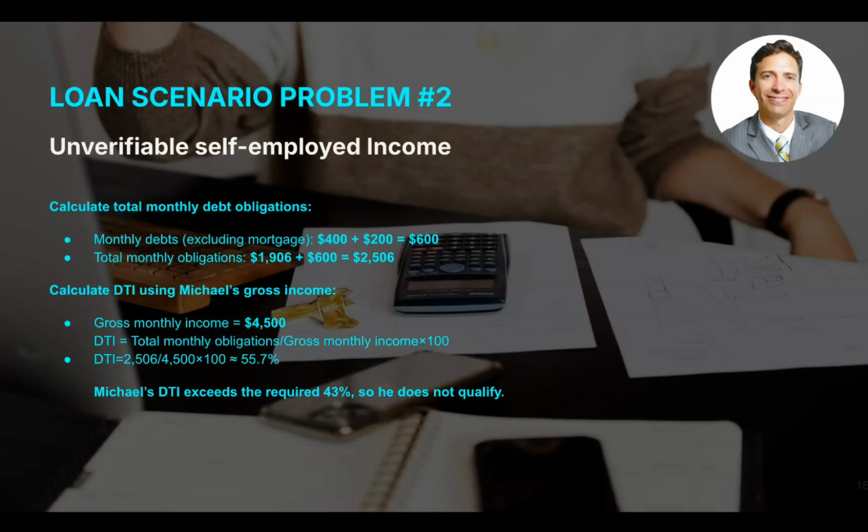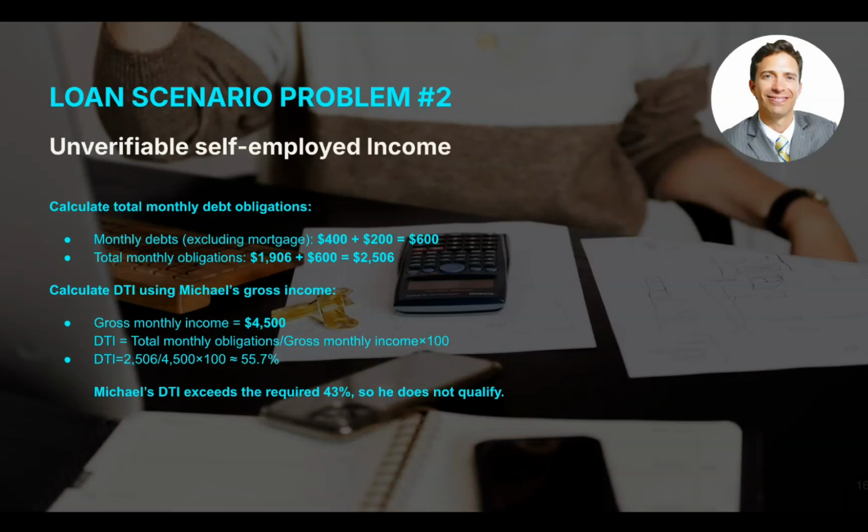Now, let's calculate the DTI using Michael's gross income. His gross monthly income is $4,500. For qualifying purposes, always remember we use the gross monthly income, not the net. The equation for calculating the debt-to-income ratio is the total monthly obligations divided by gross monthly income times 100.